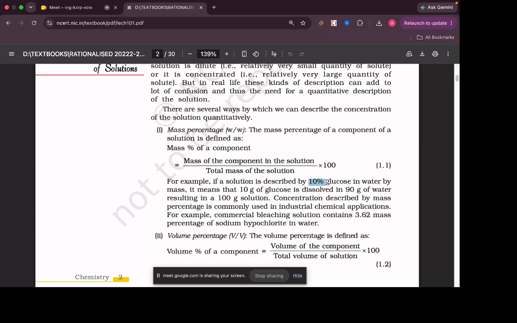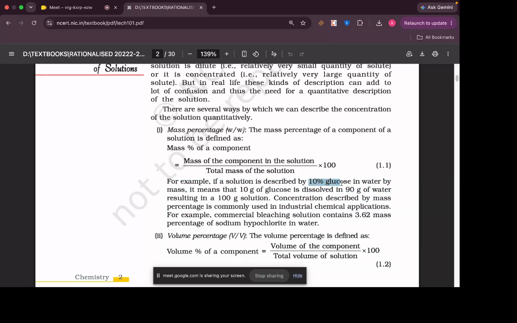So here you have to assume that you have 100 gram, not of glucose, but 100 gram of solution in total. In that, 10 gram is glucose. Then what will be remaining? 90 gram will be water. Like this you have to understand. If you are writing the same concentration in textual format, then you are good to go. If you are not able to do this, then you are still unclear about concentration.